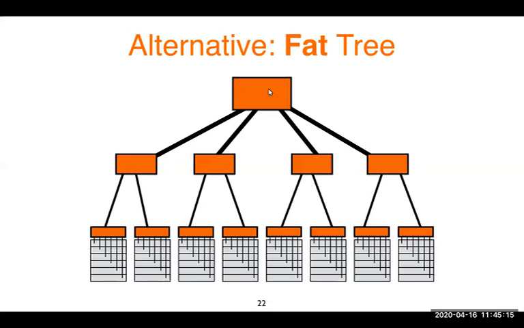Right, so let me look at the next question. In this bisection model, we're saying hosts want to talk to hosts in the other partition. But how about communication within one partition? Yes, you actually want any host to be able to talk to any other host in the network in its entirety. Usually talking about one partition to the next partition is the worst case. So if we talk about that, then all hosts can talk to each other at full line rate.